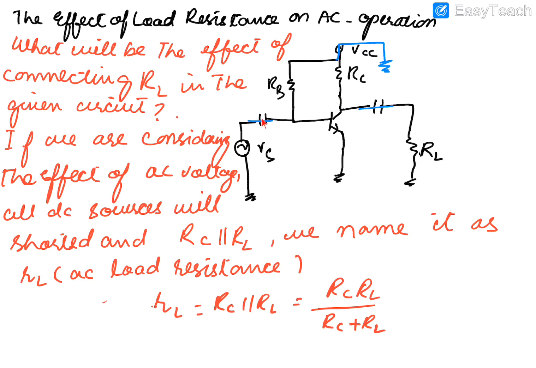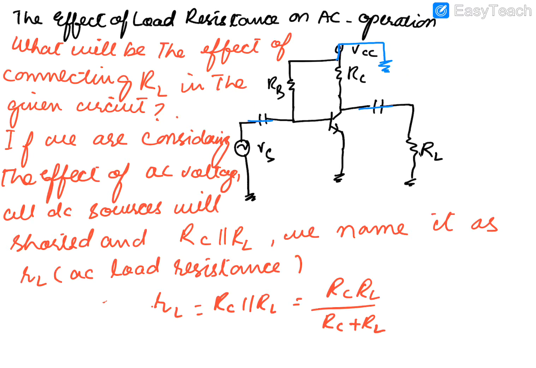If you consider the effect of Vs using the superposition theorem, then you will short out all the DC voltages, including capacitances.